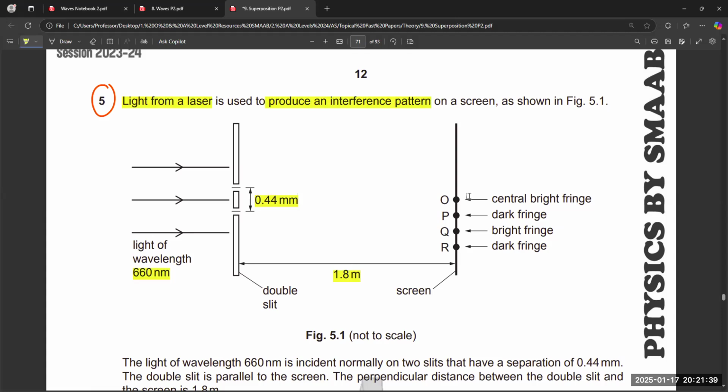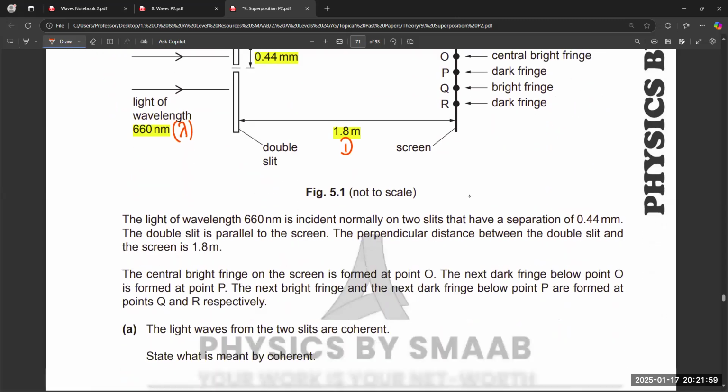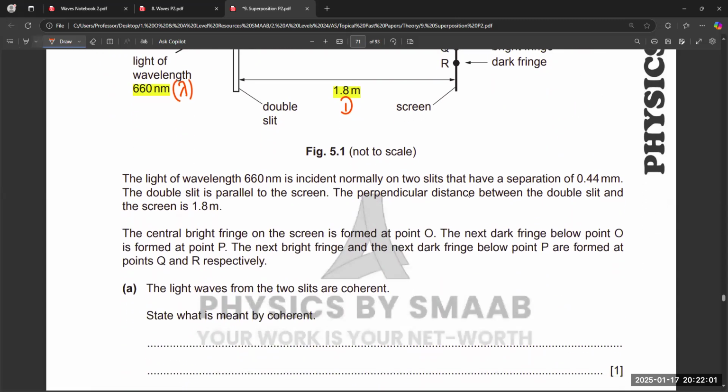The value of a is also given. So all values are given in the question.